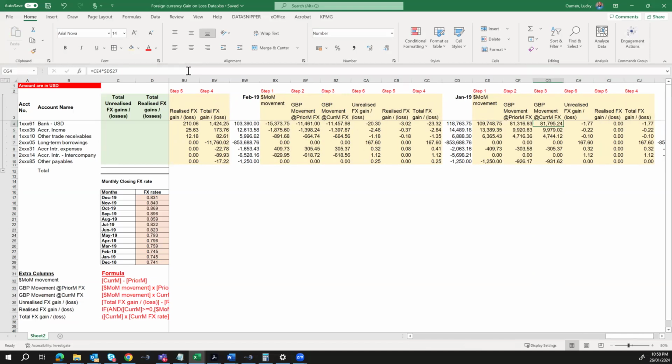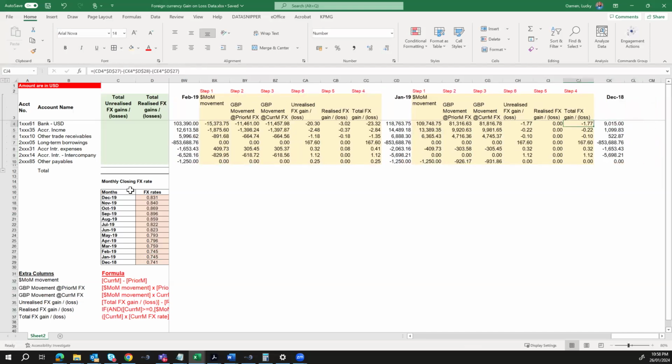Step 3 as the current rates for January 2019. Drag down. And then my total FX gain or loss rates need to also be adjusted between December 2018 and January 2019. So January 2019 should then become December 2018 rates, and February becomes January rates, respectively. Press the enter key, drag down.